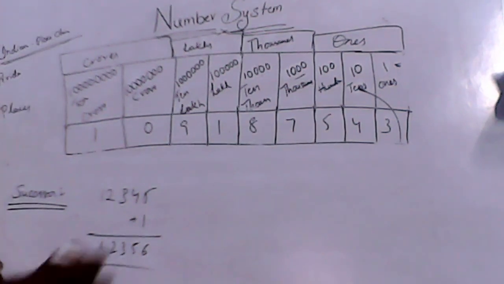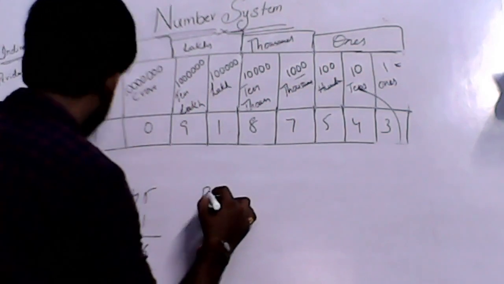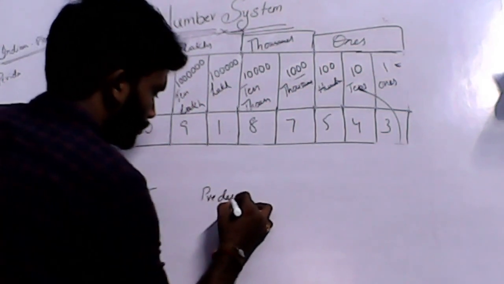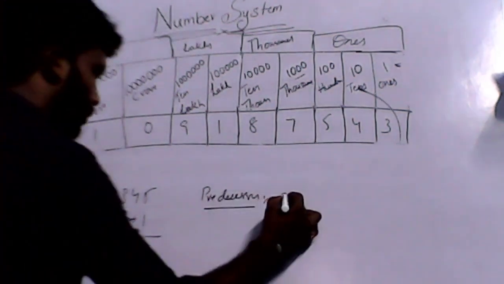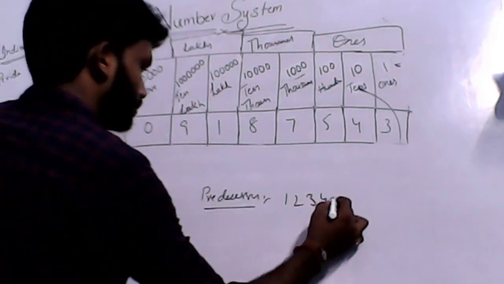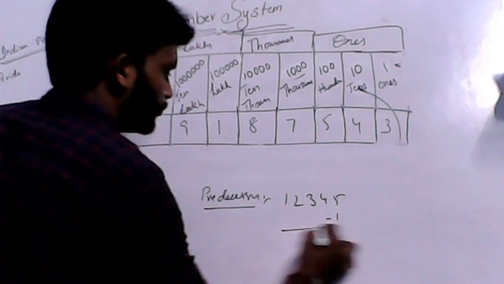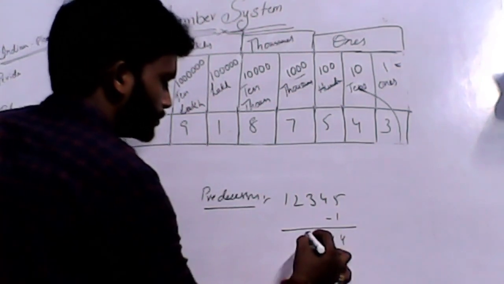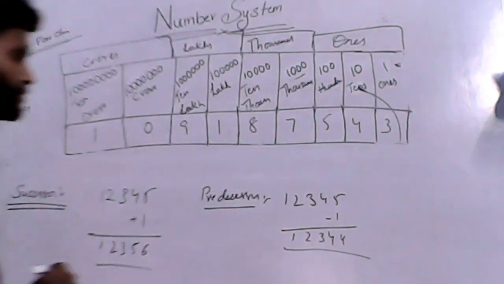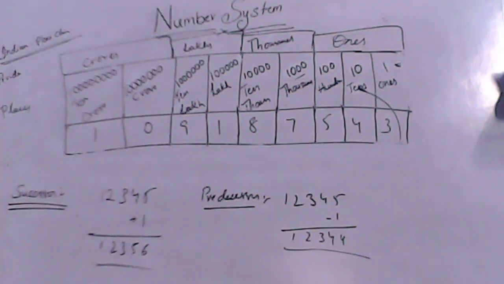And then predecessor. To find the predecessor, we have to subtract 1 from that particular number. Then whatever we have as the result, that is called the predecessor of that particular number. Okay.